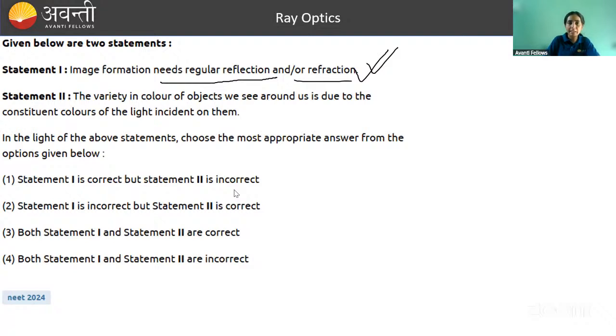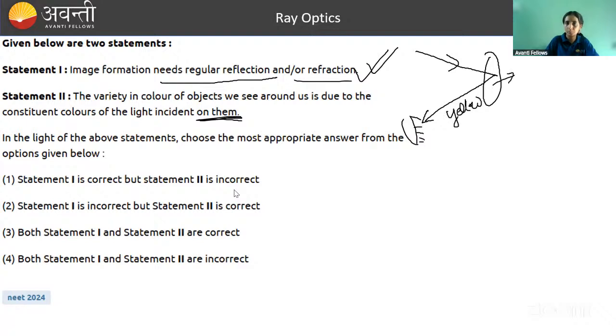Statement 2: the variety in color of objects we see around us is due to the constituent colors of the light incident on them. Yes. How do we see color? Look, here there is an object, light is falling on the object, and whatever color of light is getting reflected, if this reflected light has a color of yellow, then we will see this object as yellow.